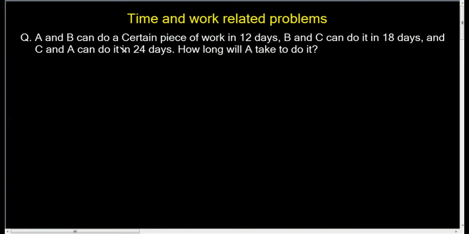A and B can do a certain piece of work in 12 days. B and C can do it in 18 days, and C and A can do it in 24 days. How long will A take to do it? Okay, so we are given A plus B here.